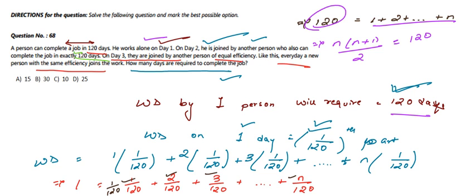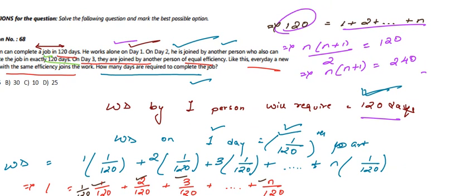So n into n plus 1 divided by 2 equals 120, which is equal to n into n plus 1 equal to 240. Opening the brackets, we have n square plus n equal to 240, which gives n square plus n minus 240 equal to 0.